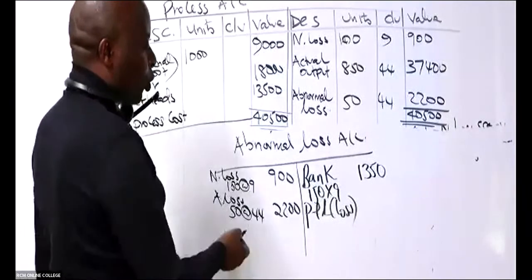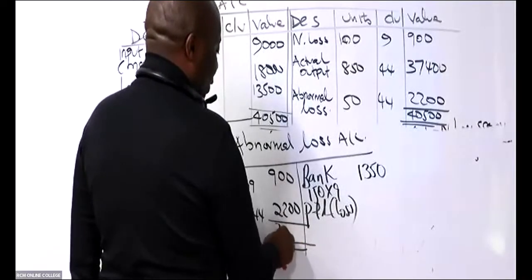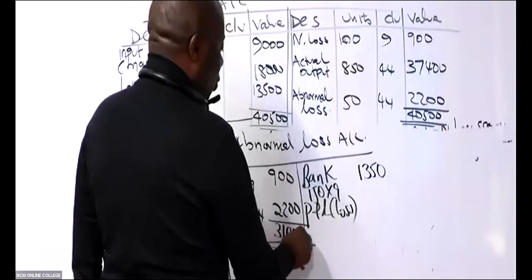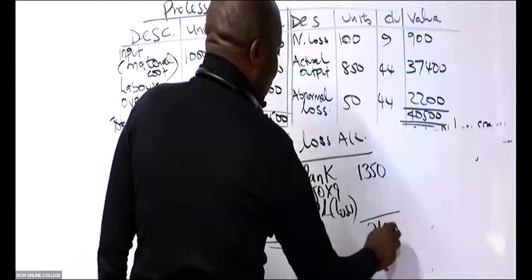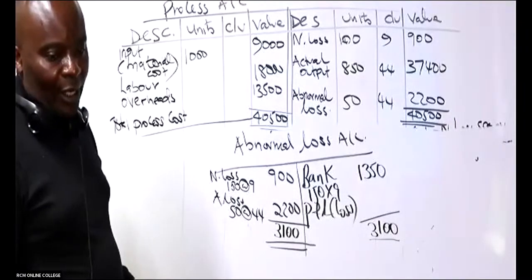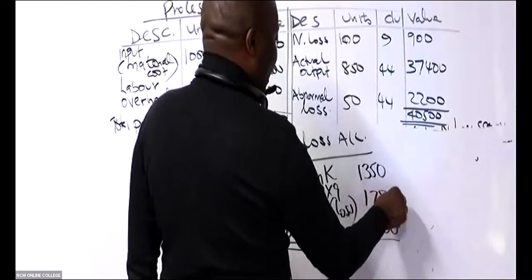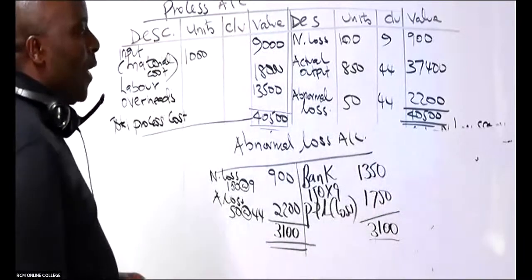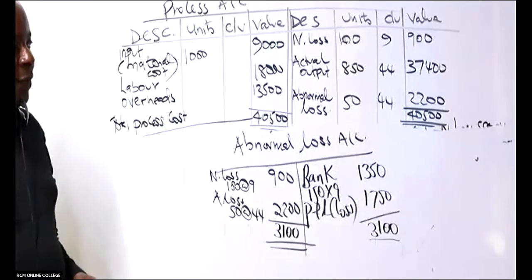So we come here and add. This gives me 3,100. So then what is the balancing figure? I'm told the balancing figure is 1,750.